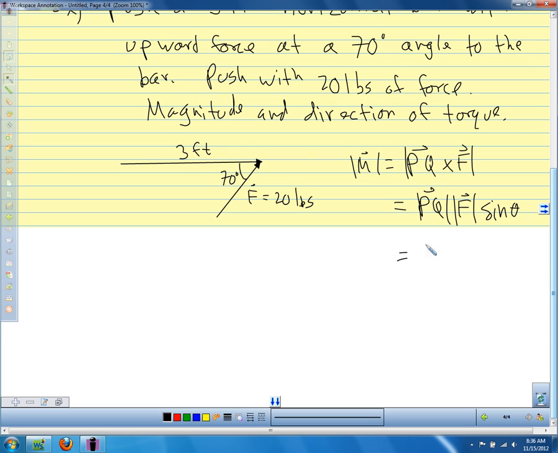So that's 3, and the magnitude of our force is 20 pounds, and we're pushing at a 70-degree angle. If we calculate that all out, we're pushing with about 56.4 foot-pounds.